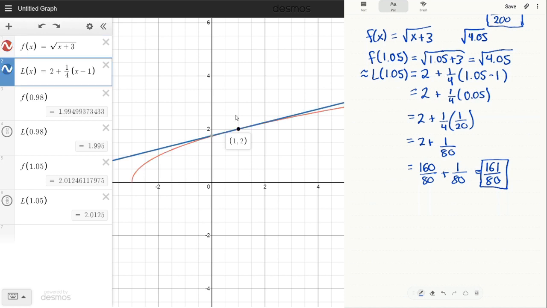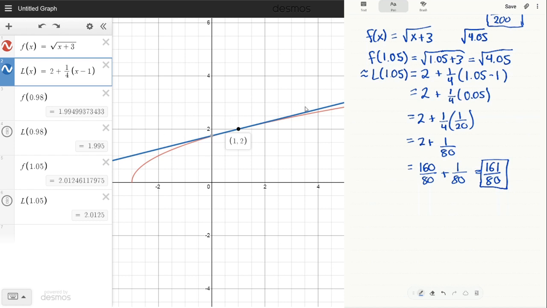Now, are these approximations over or under estimates of the exact values? Now, if we didn't know what the exact values were, we can still determine whether the approximations are over or under estimates of the exact values based on where the tangent line is on the curve.